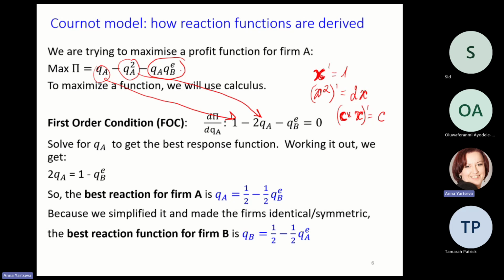In this case, QB is the constant, and QA is our x, our unknown, our variable in question. That's why when we differentiate this, it just remains the constant. QA is our variable, it disappears, and what is left is QB, our constant. So these are the set of rules.